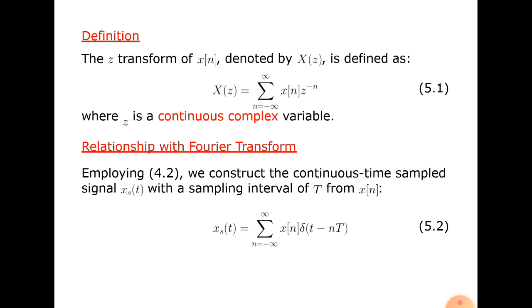And the relation with Fourier transform: we consider the continuous time sampled signal x of t with the sampling interval of T from x of n. So here s of t equals summation n equals minus infinity to plus infinity x of n into del of t minus nT.